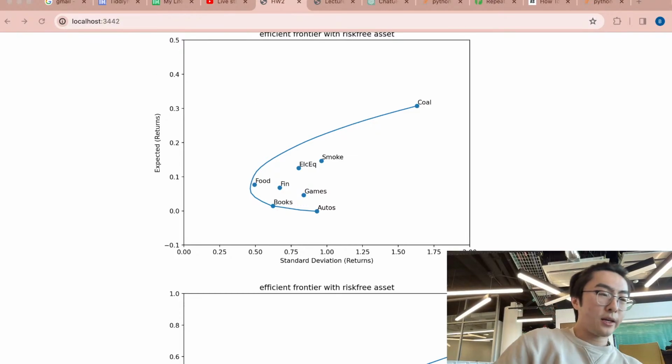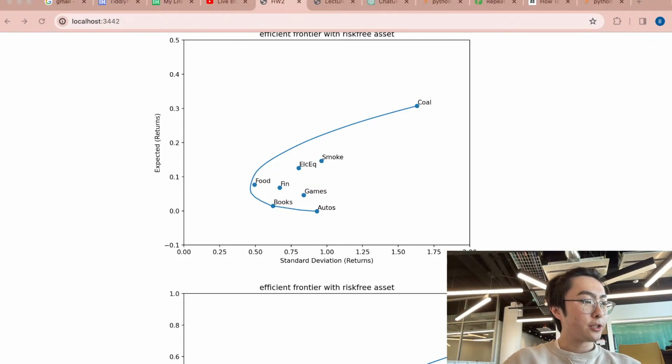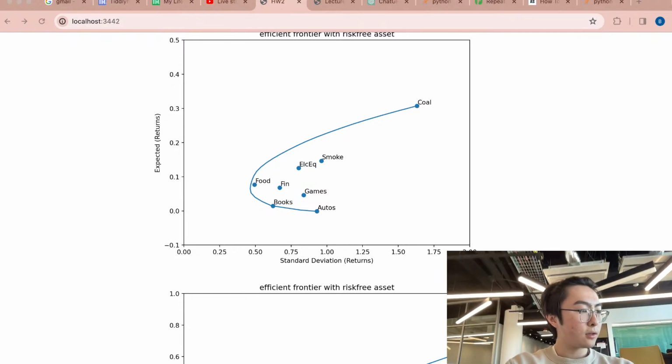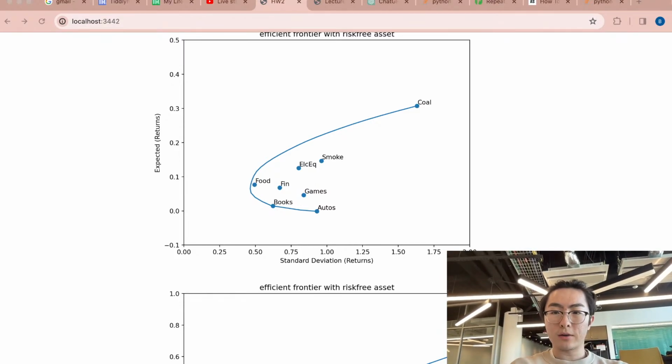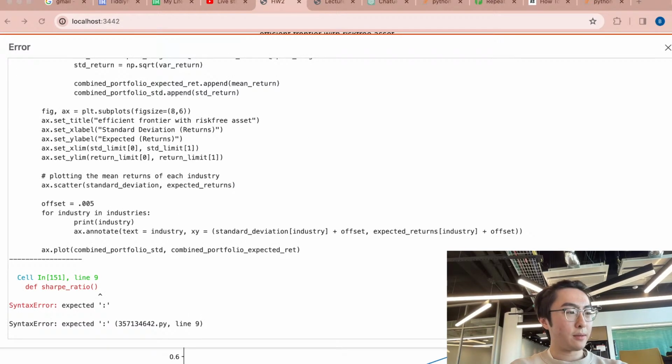Alright, so our objective function then is going to be the Sharpe ratio. So that's what we want to maximize. Okay. Let me create this function first. Sharpe ratio. And then in order to minimize it, we could just flip the sign, so we'll take the negative of the Sharpe ratio. Alright.